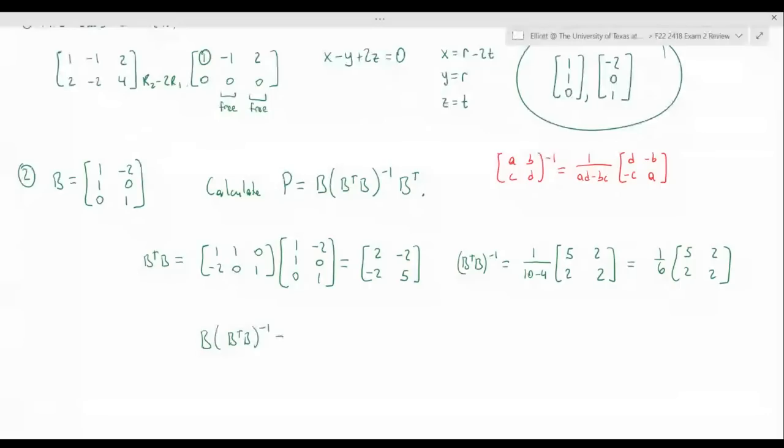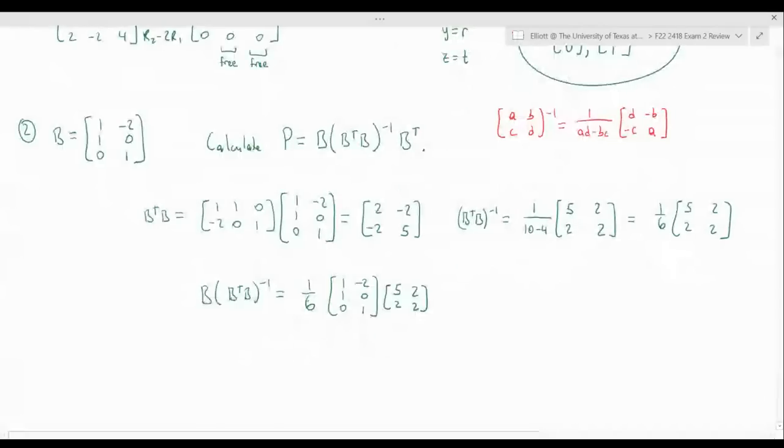So we have the 1/6 from the inverse. And then here is B. And then here is the rest of the inverse. So I usually am just going to take this constant and just keep it in front so I can avoid working with fractions.